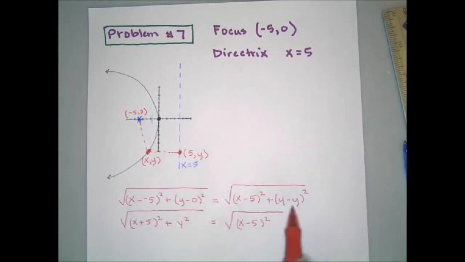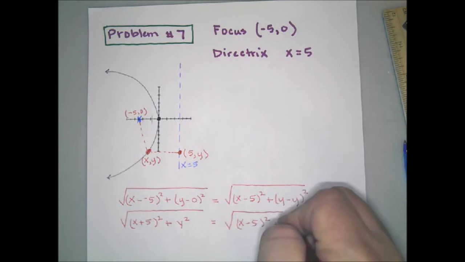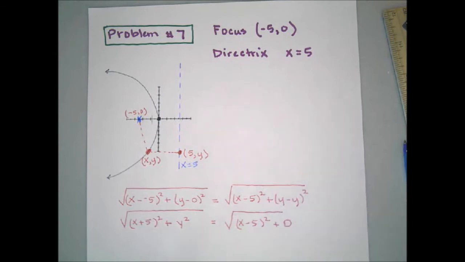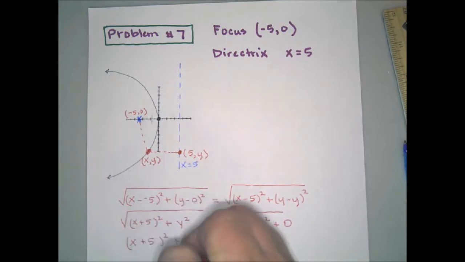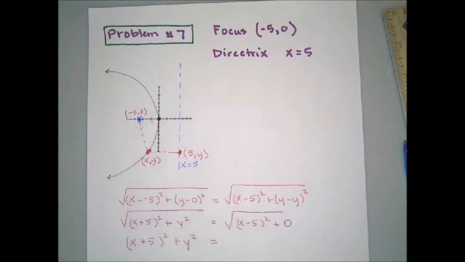Okay. But y minus y is 0, and 0 squared is still 0. Now the next step I'm going to do is square both sides, which is simply going to get rid of the square roots. So now I have x plus 5 squared plus y squared equals x minus 5 squared.